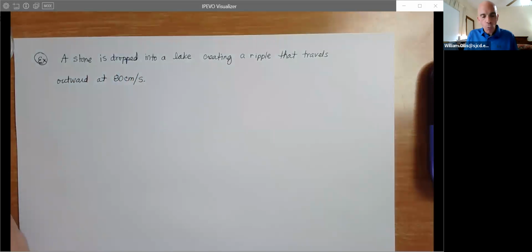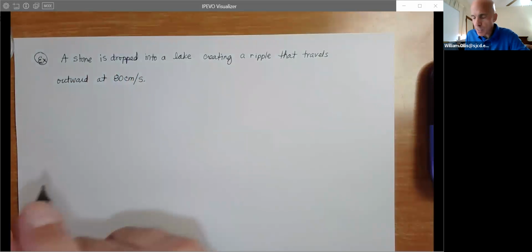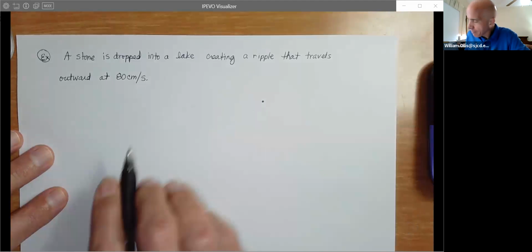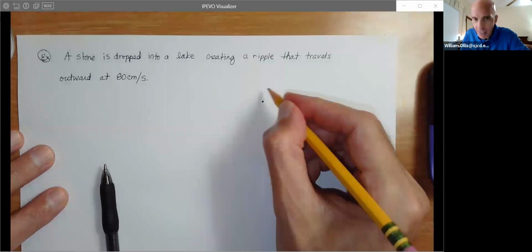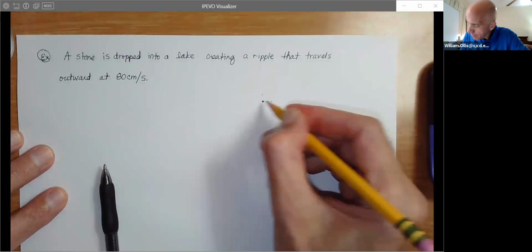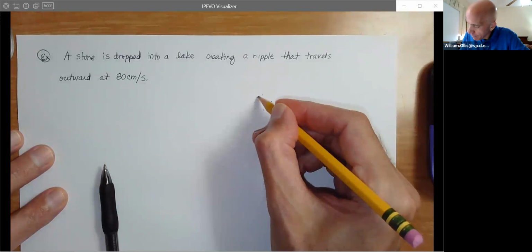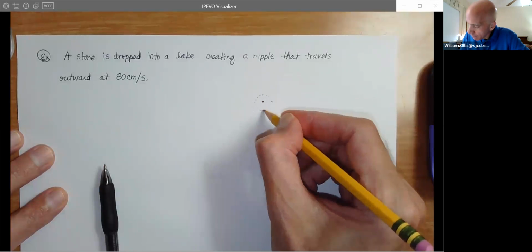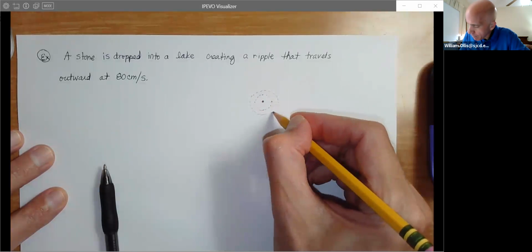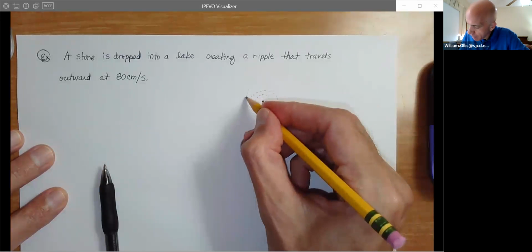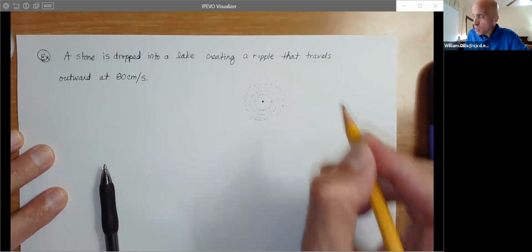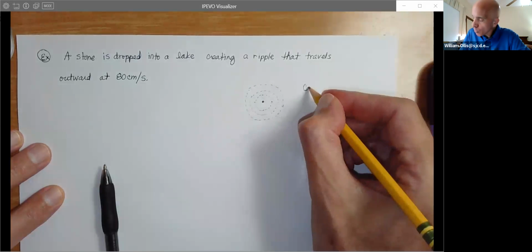Now, when you think of this, and this is what I want you to think, you drop the stone, and then you basically get the circular ripples. So basically, these are circular ripples.